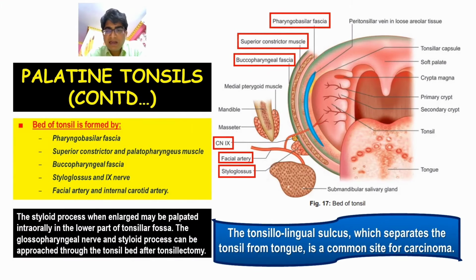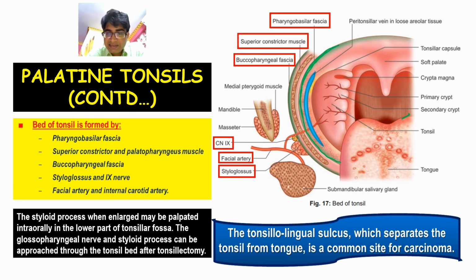So the tonsillar bed. The tonsillar bed is made up of, from medial to lateral, firstly the pharyngobasilar fascia, the most medial structure making the tonsillar bed.